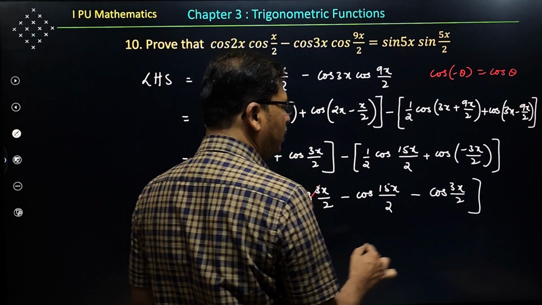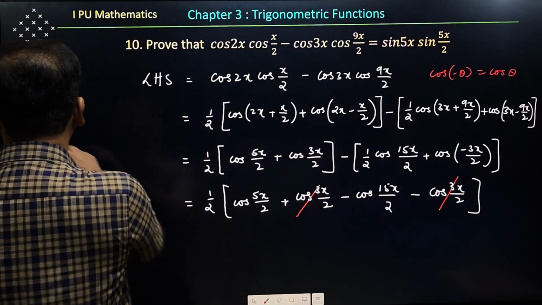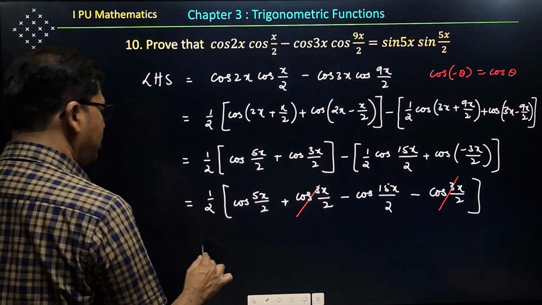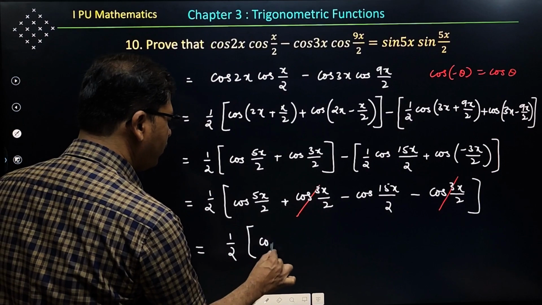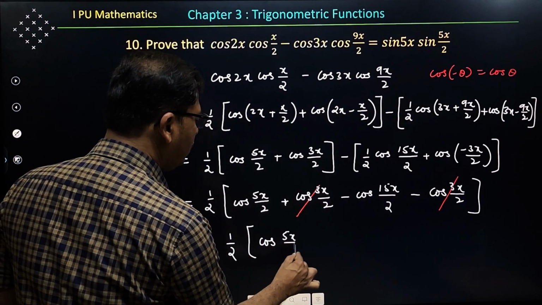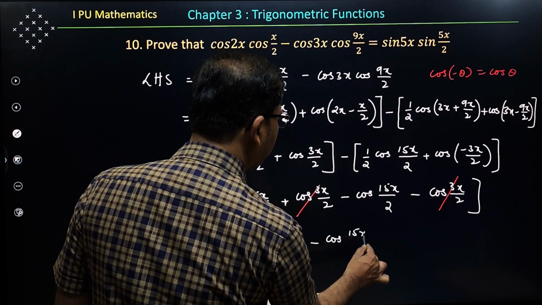And what you are going to get in the next step is 1 by 2 into bracket cos of 5x divided by 2 minus cos of 15x divided by 2.